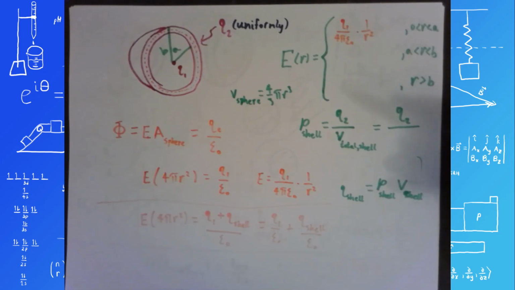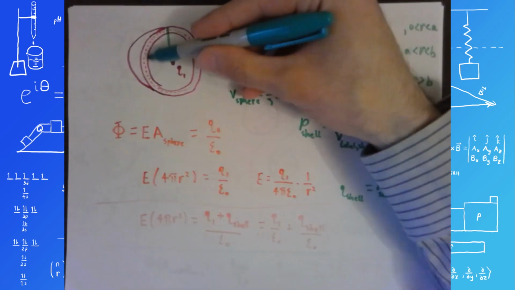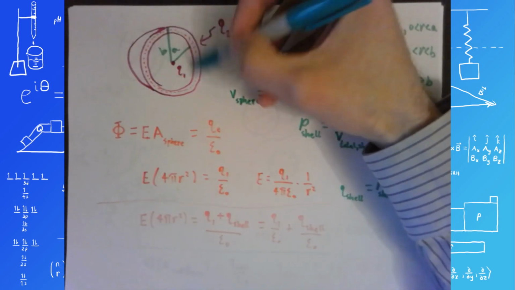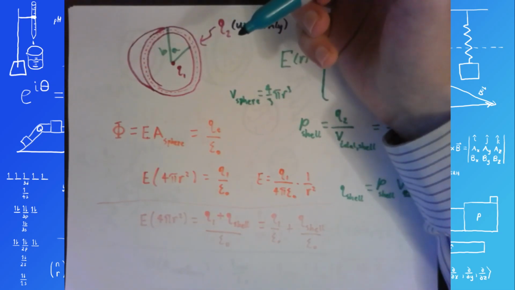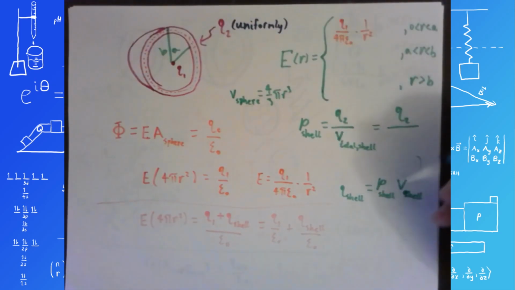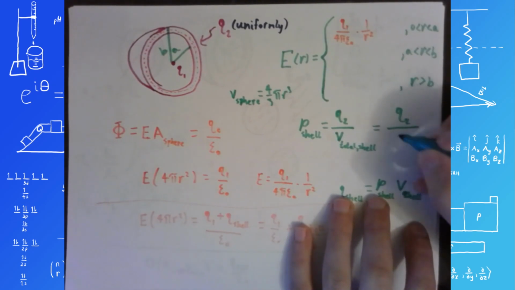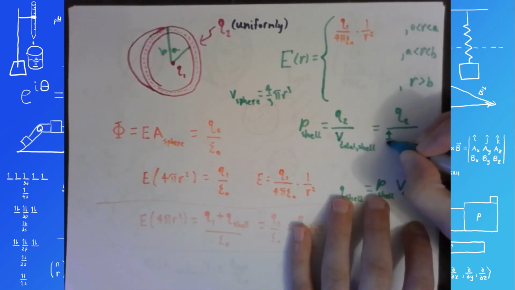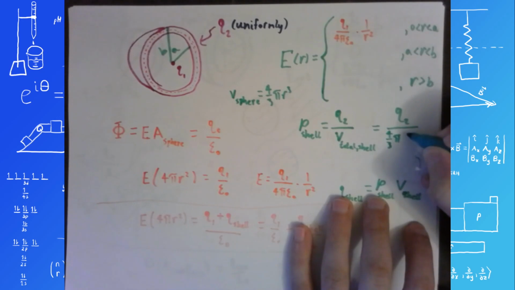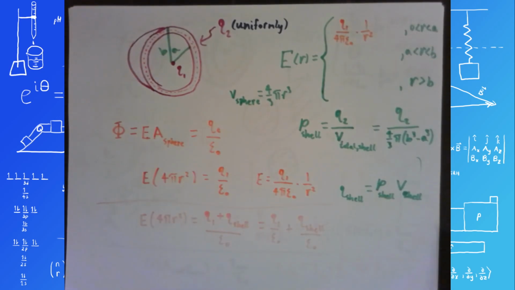And so the volume of the outer sphere would be 4/3 pi b cubed minus the volume of the inner sphere, 4/3 pi a cubed. So if I factor out the 4/3 pi, then I'm left with b cubed minus a cubed. And there we go. That is the charge density within our spherical shell.